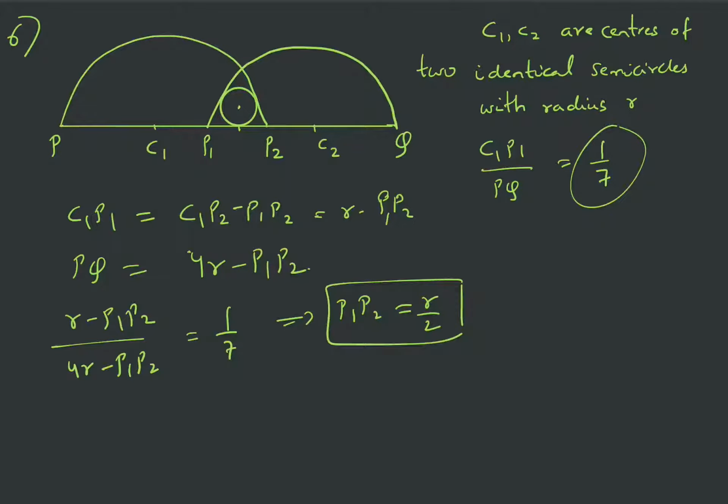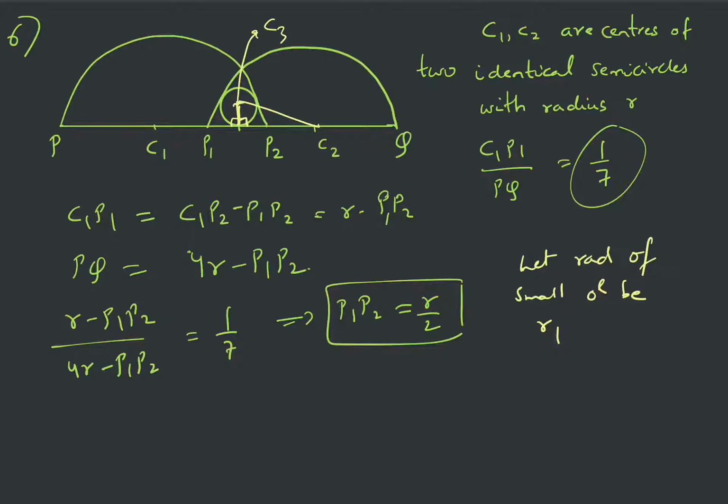Fine. Now let us try to find the radius of this small circle. So let radius of small circle be r1. So this is r1. So this is perpendicular, right? Because the small circle is touching these two circles, and also it is touching the line PQ. This is also mentioned in the question. So this is perpendicular. Let us say the center is C3. Okay, this point is C3.